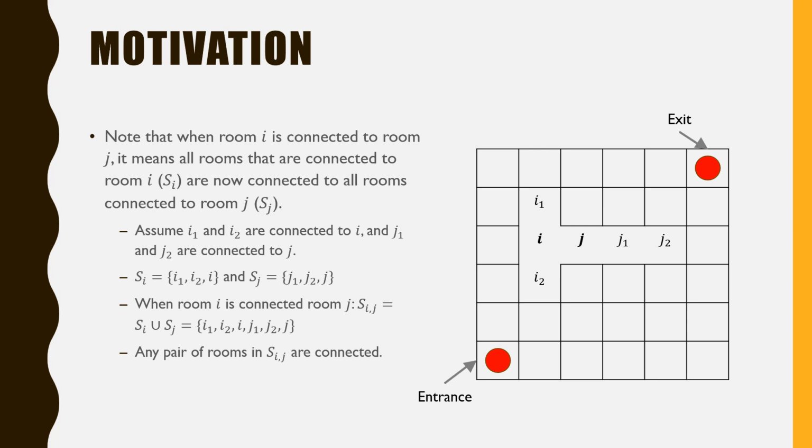Let Si denote the subset of all rooms connecting to I. In other words, Si contains the elements I1, I2, and I. Similarly, Sj contains the elements J1, J2, and J. In this case, breaking the wall between rooms I and J merges the sets Si and Sj into a single set Sij, which now contains elements I1, I2, I, J1, J2, and J. This means any two rooms within this set are now connected.